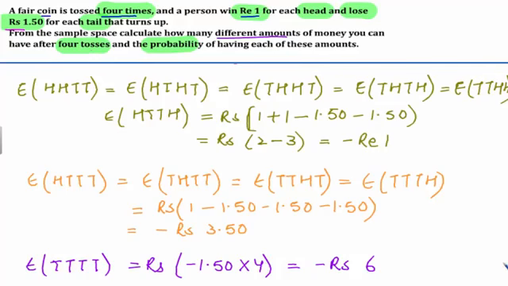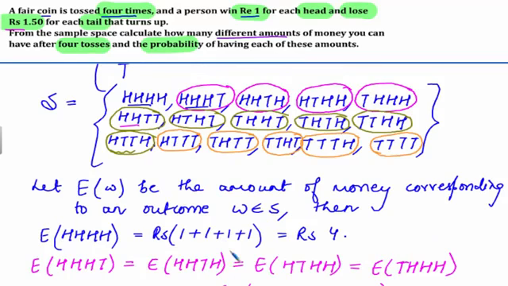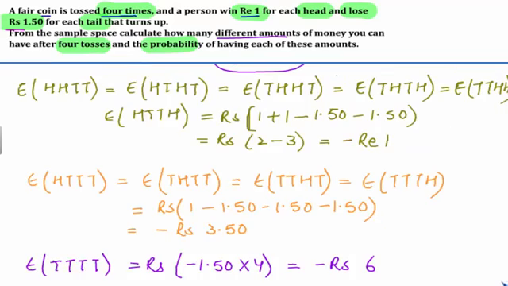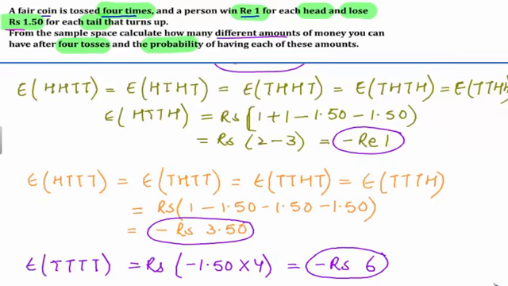tosses. So the different amounts of money is a gain of rupees 4, a gain of rupees 1.50, a loss of rupee 1, a loss of rupees 3.50, and a loss of rupees 6.